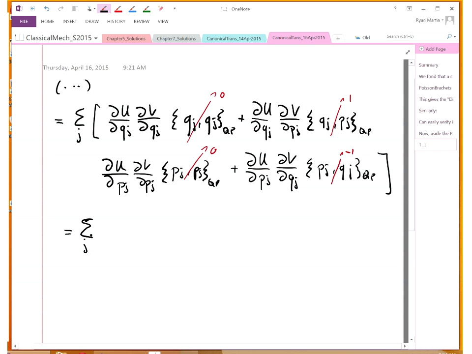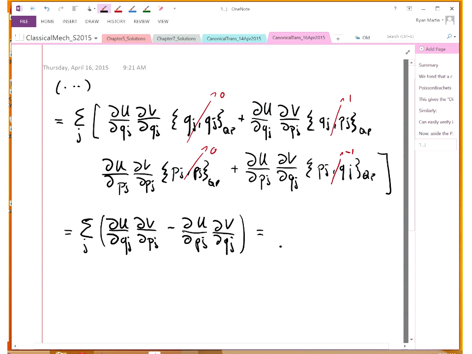Wow, so then we have the sum over j. The things that are 0 I'm not going to rewrite, and for the things that are 1 I'm just going to put the sign in. So the first term I have is ∂u/∂q_j ∂v/∂p_j, and then the second term is minus ∂u/∂p_j ∂v/∂q_j.